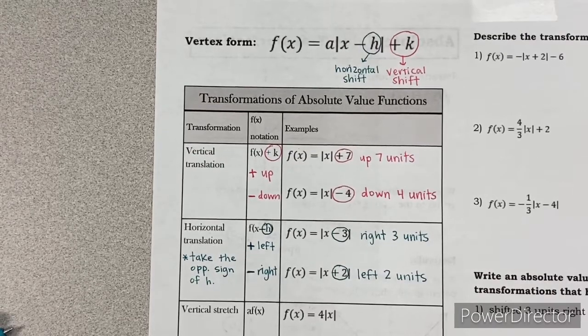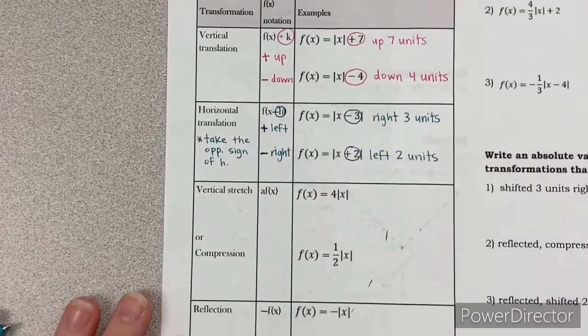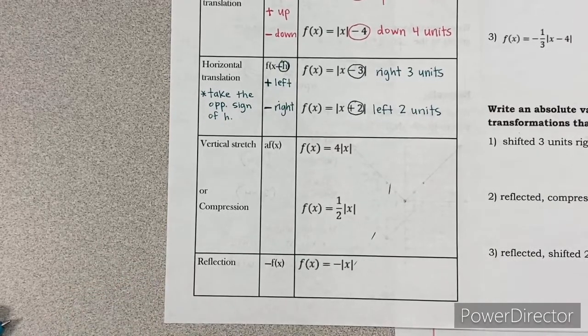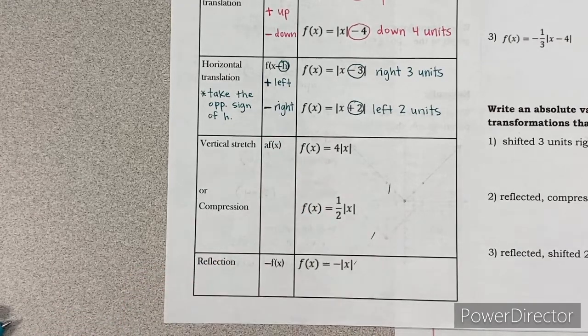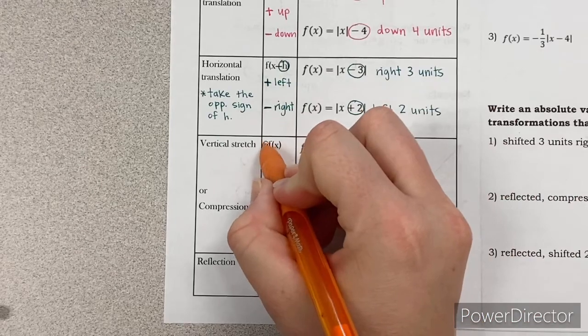Okay? So now I have vertical stretch or compression is next. So I got to slide it down some. So stretch or compression is next. Before we talk about anything, problem-wise, let's talk about the function notation, that middle column. The letter that we are specifically talking about with stretch or compression is this A. Okay?